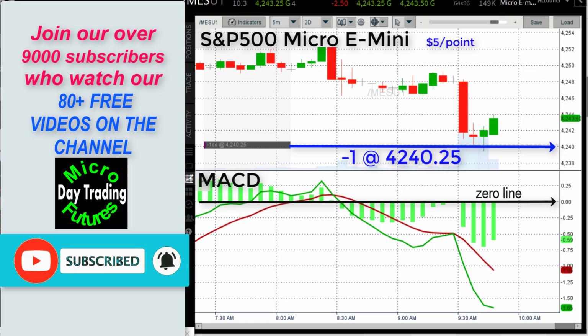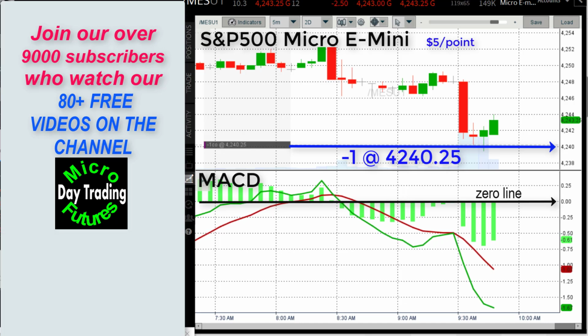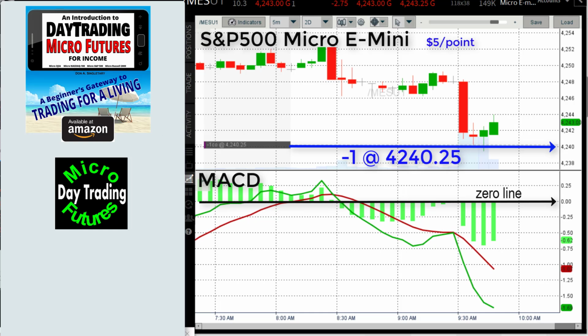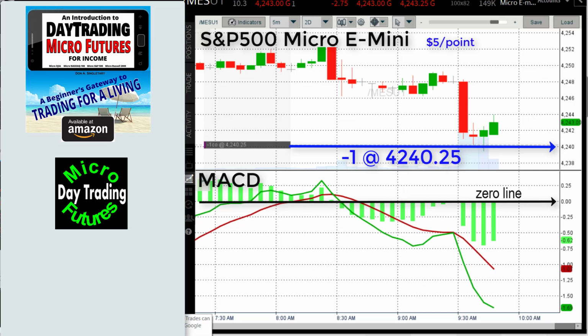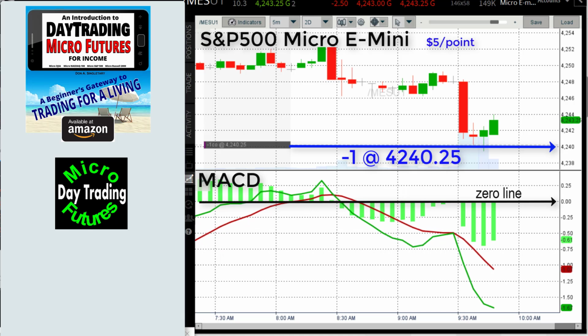I'm down about $15 in the trade at 42.43 and a quarter up there. So I'll just wait for a second and see what happens here, and just about ready to call this one and not take a risk on losing a great deal of money here.